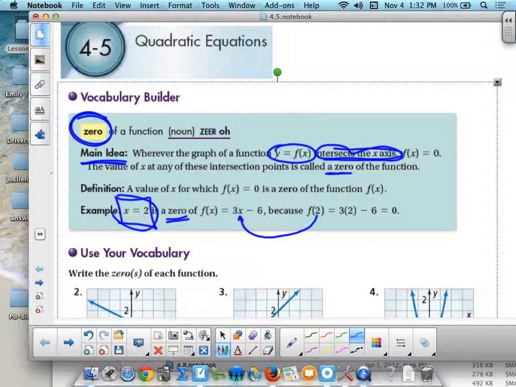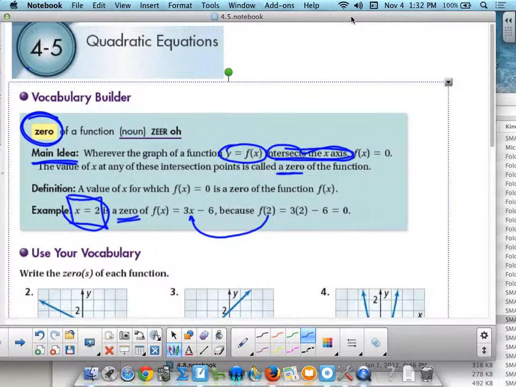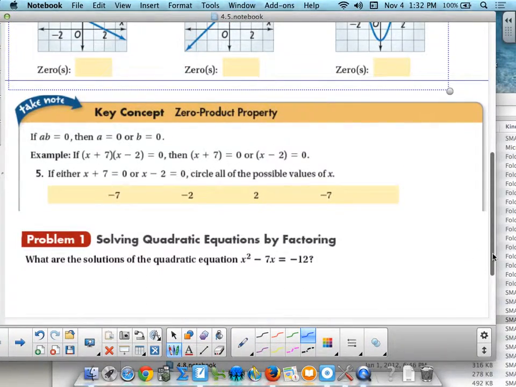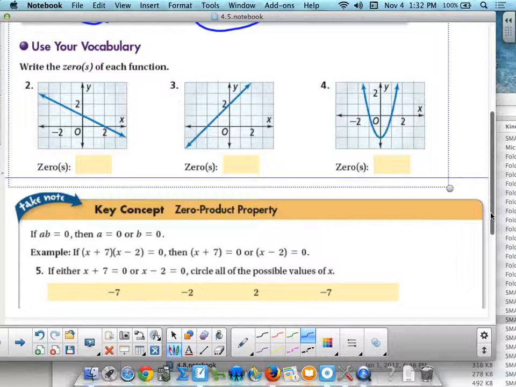All right, guys, we're flying now. You need to give me the 0. Look at the 3 pictures. Brittany, what's the 0 on number 2? X equals 2.